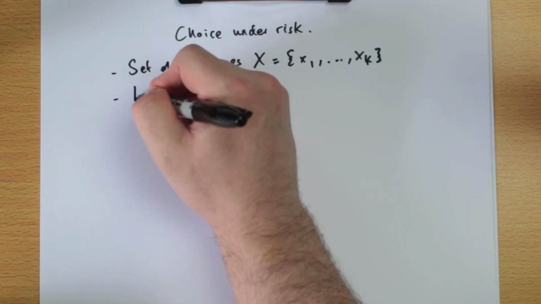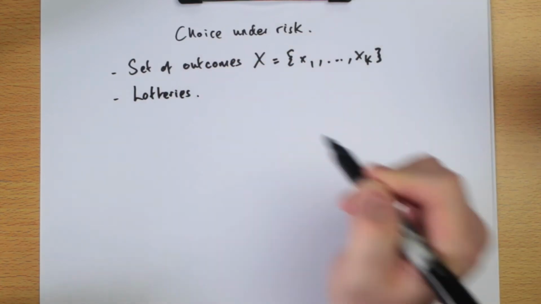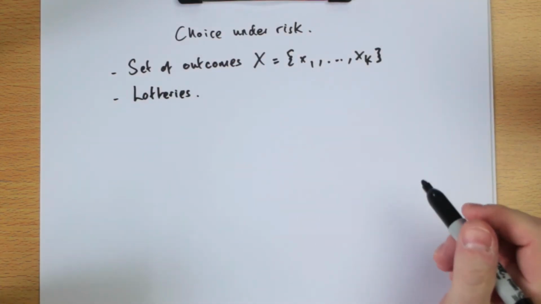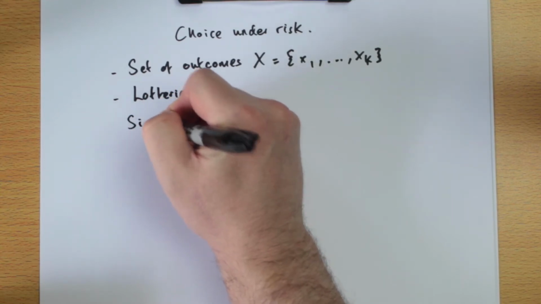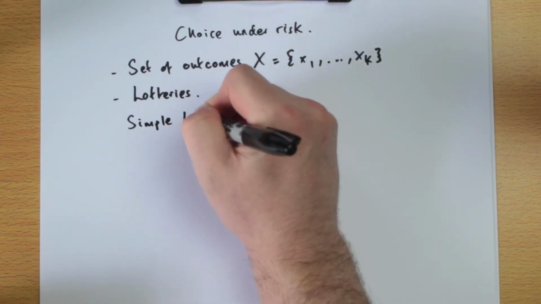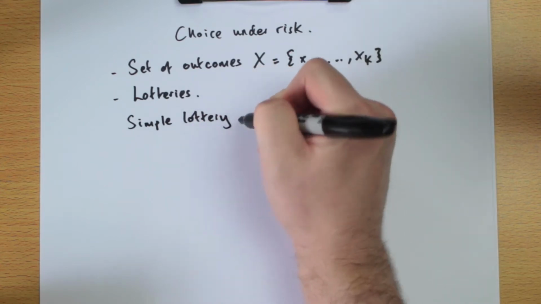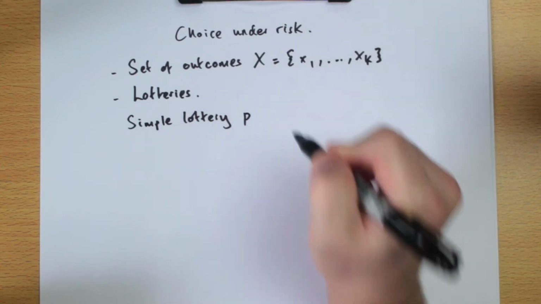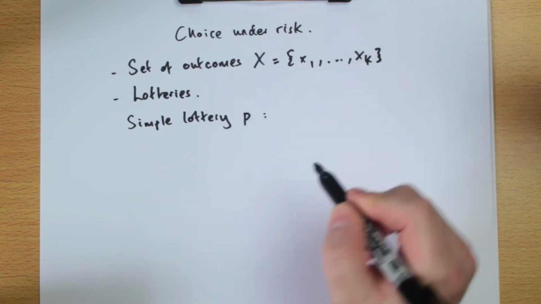So we're going to look at something called lotteries, or probability distributions. A simple lottery, and you'll see why we call it simple in a moment. There's another type of lottery called a compound lottery. So a simple lottery, which we'll denote P, looks like this.